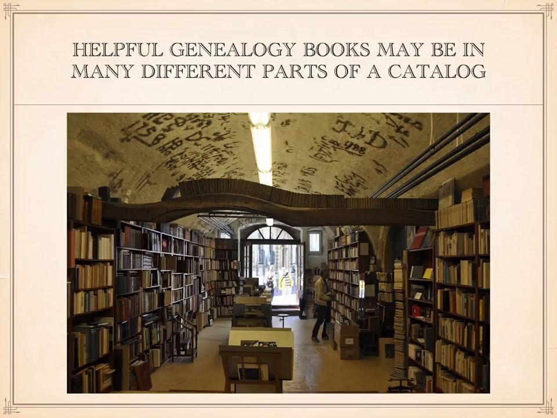This means that genealogy books may be in many different parts of a catalog under many different subject headings. It may be difficult to come up with search terms that ferret out the information that you're trying to find in the catalog.